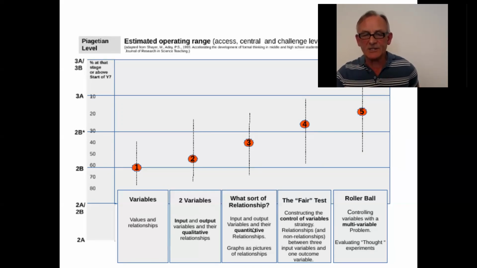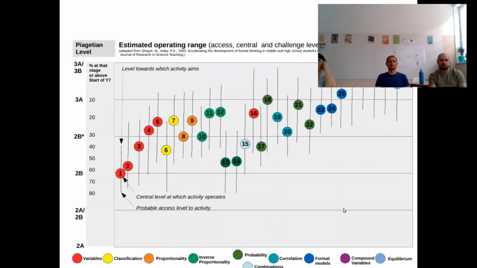And so at each stage, the demand increases, but we make sure that the amount of new language, new needs for thinking are kept to a minimum, so we can really focus on the thinking demands of the key concepts. Does that make sense? Yeah? And the same in each group.